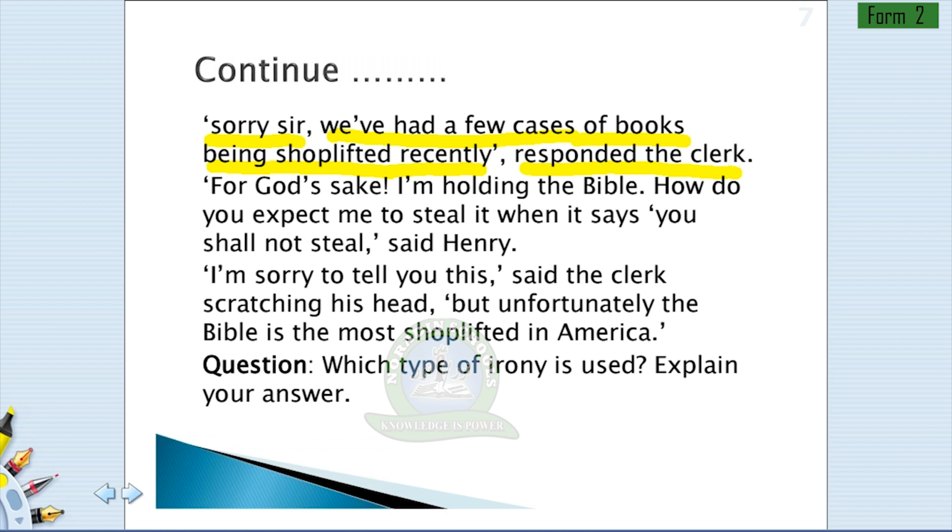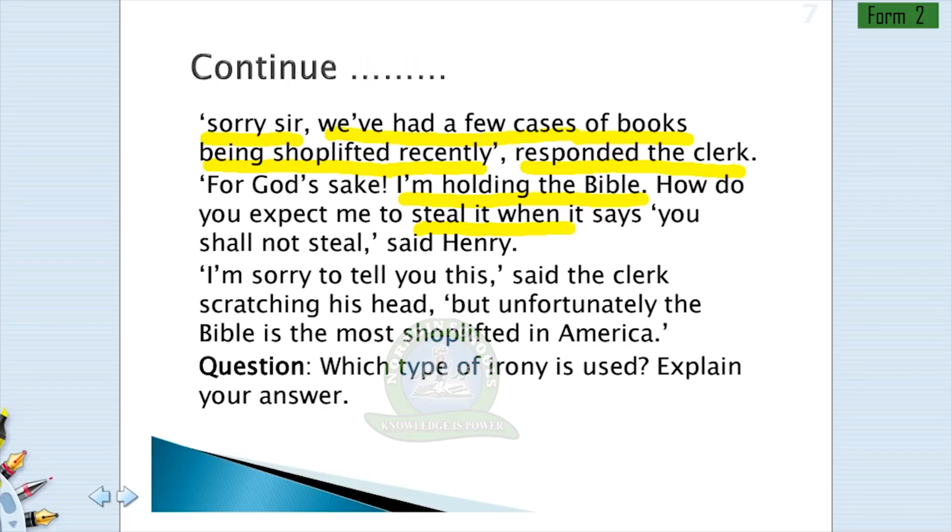"For goodness sake," for Allah's sake, "I am holding the Bible. How do you expect me to steal it, when it says, you shall not steal?" That means when the book says, you must not steal, said Henry.